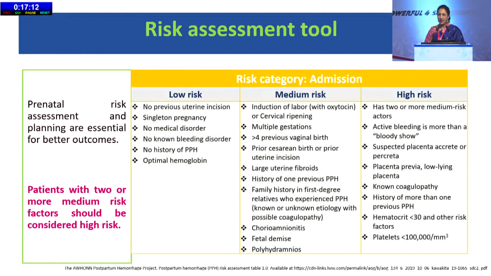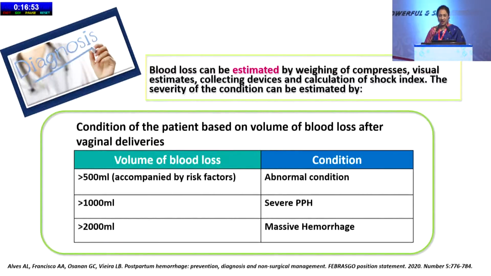If she had an induction of labor, multiple gestations, more than 4 previous vaginal births, or large uterine fibroids with a history of PPH, and so on. We could grade them as high risk with placenta previa, coagulopathies, and so on. But if she has 2 medium risk factors, she stands as high risk.